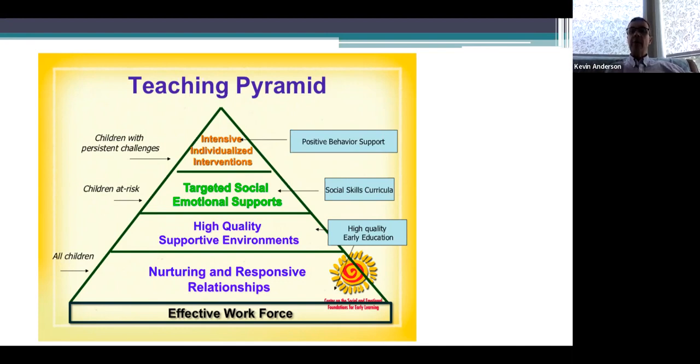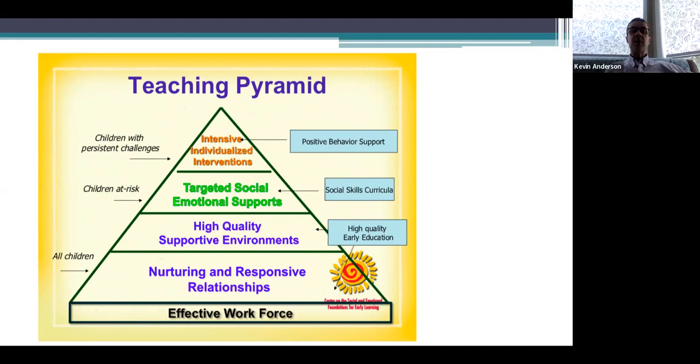The next level up, what we call tier 2 supports, are those kind of more specific teaching that we are going to do, where we are going to teach specific social and emotional skills to the children. So sometimes we are teaching children, you know, in MECP, we teach the 3 Bs, right?